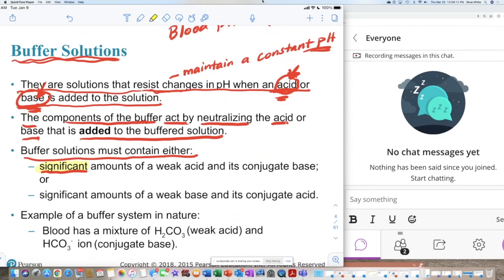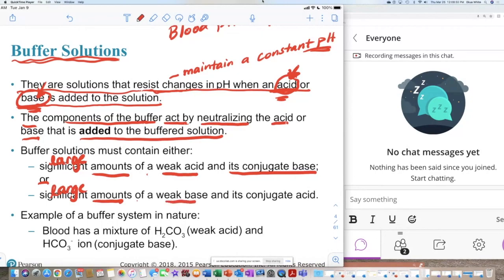So when they say significant here, another word I would like to use that may have more punch is large, lots and lots, large amounts of weak acid and its conjugate base, or large amounts of weak base and its conjugate acid.